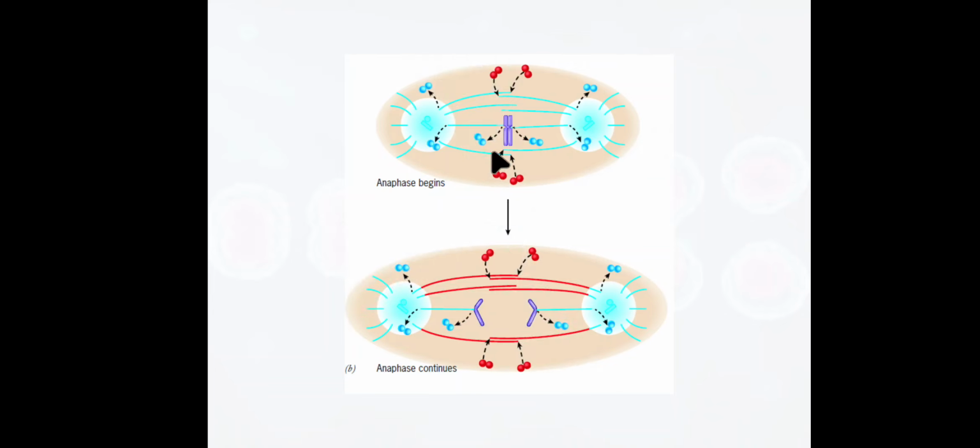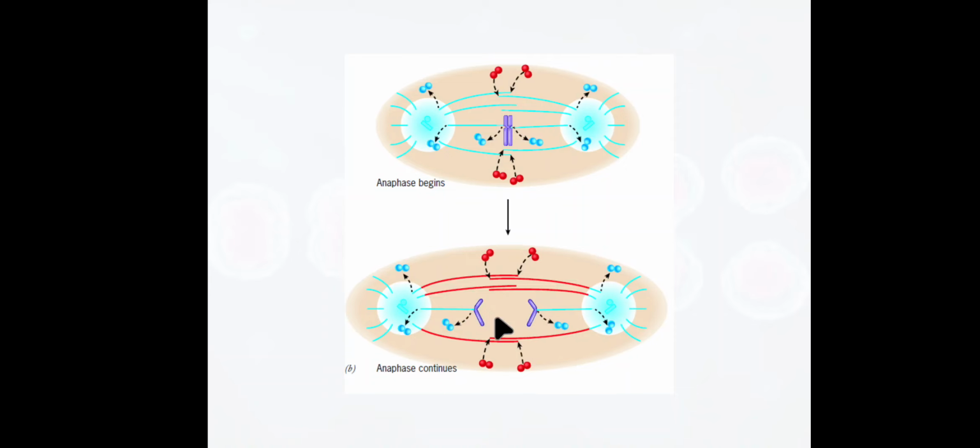When anaphase begins, the securin is destroyed by APC/C. Activated APC/C will ubiquitinate and degrade the securin, leaving the separase free. That separase will degrade cohesin, which will lead to the separation of sister chromatids that are held together at the centromere.